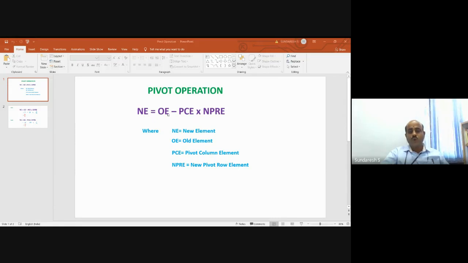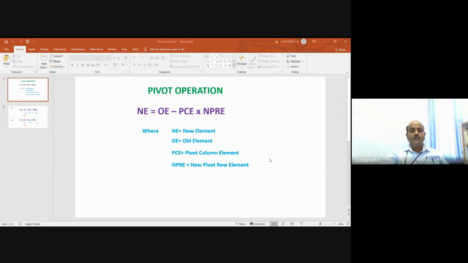New element is equal to old element minus pivot column element into new pivot row element. Everything I have written over here: NE means new element, OE means old element, PCE means pivot column element, and NPRE means new pivot row element.